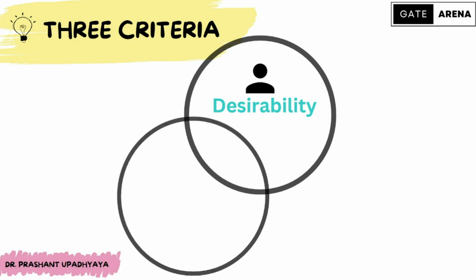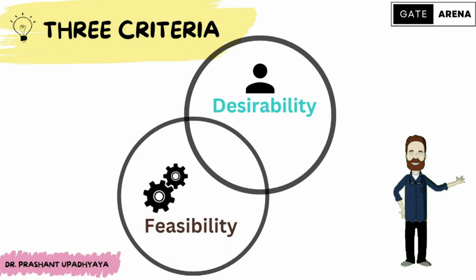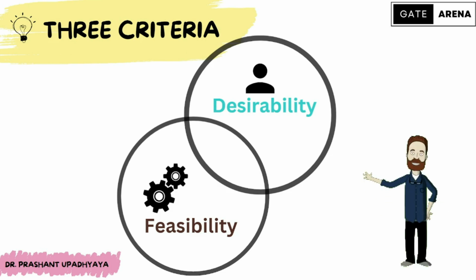The second criterion is the feasibility of the solution. That means we are talking about what is technologically possible. Once the team has identified one or more solutions, they determine whether the organization can implement these solutions or not.